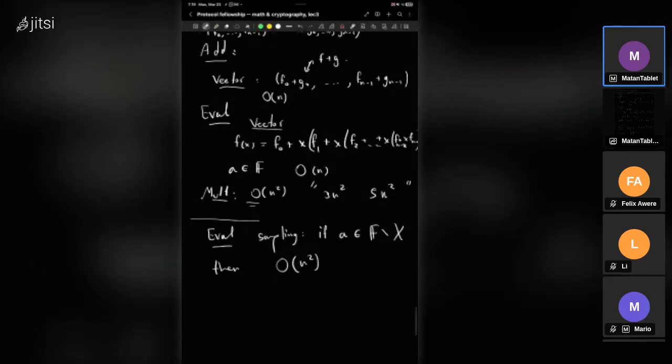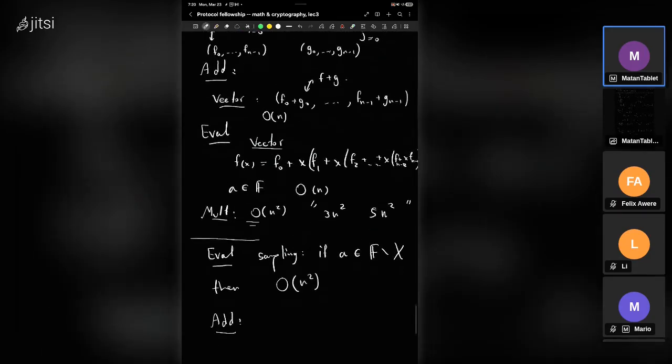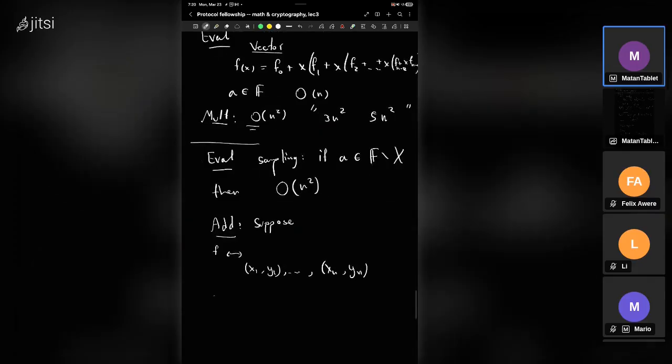But if I want to, let's say, add, I have two polynomials, f and g, and let's suppose that in their sampling representation, they have the same x coordinates. So f in the sampling representation is x1, y1 up to xn, yn, and g in the sampling representation is x1, z1 up to xn, zn.